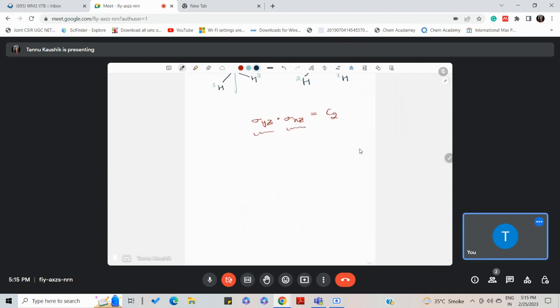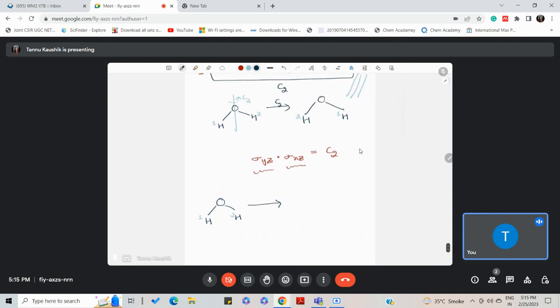So we can also show it with some other example, like in the water itself. Again, labeling the atoms. Now we will be seeing a product of C2 and sigma xz. So we will be applying sigma xz first.